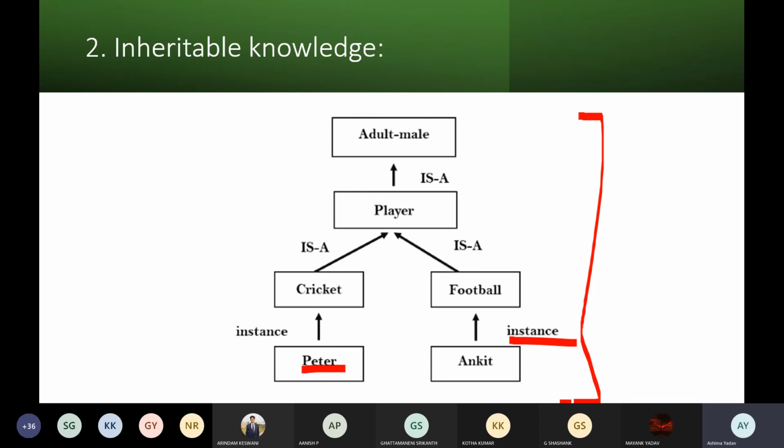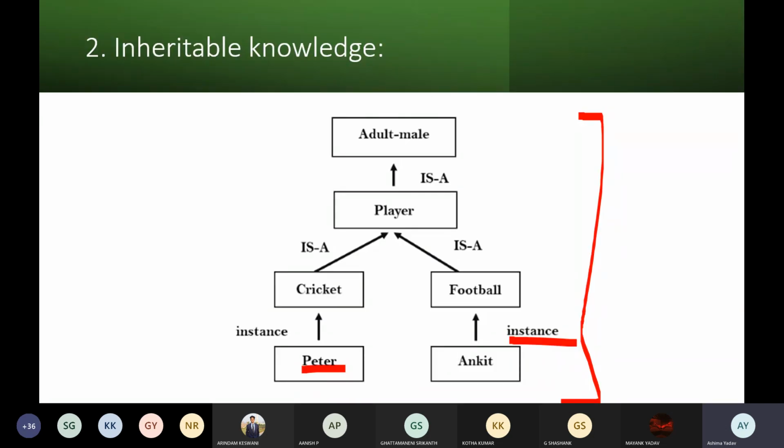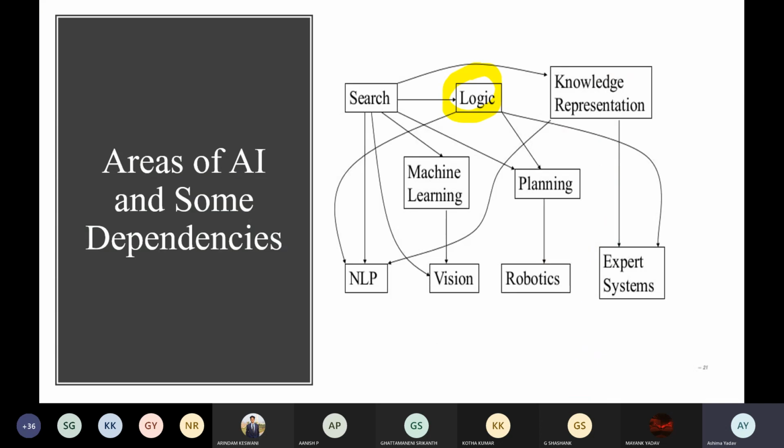This is how graphically also we can show the knowledge, if we want to store anything, if we want the machines to learn, or we want to store the data. So this is how knowledge is being represented. These are very basic things, you might have already studied them.